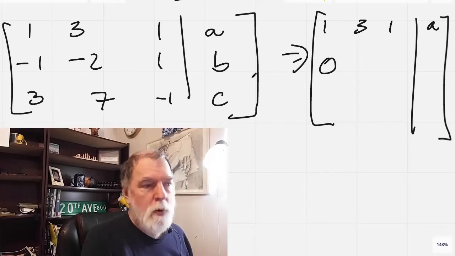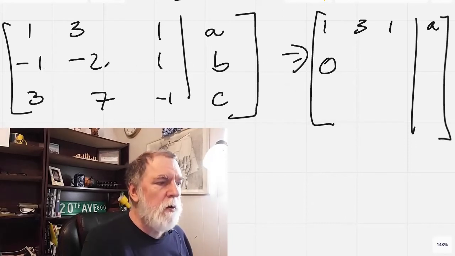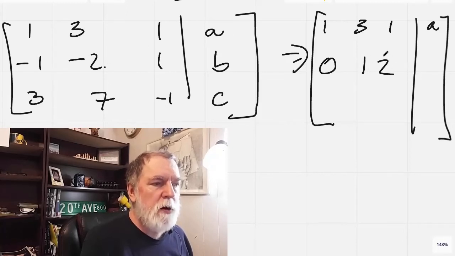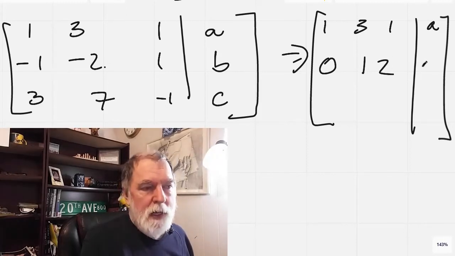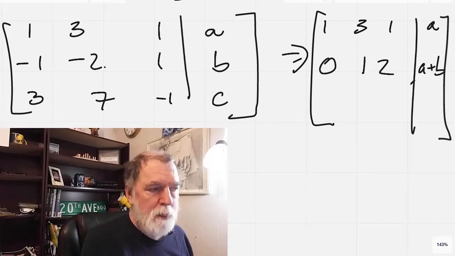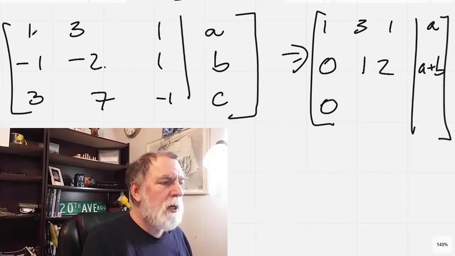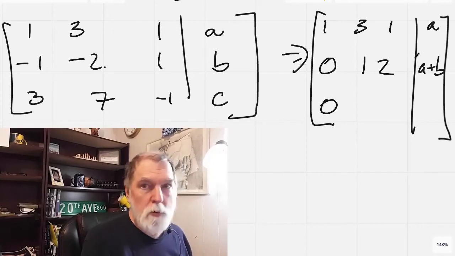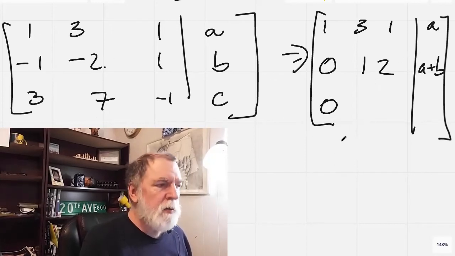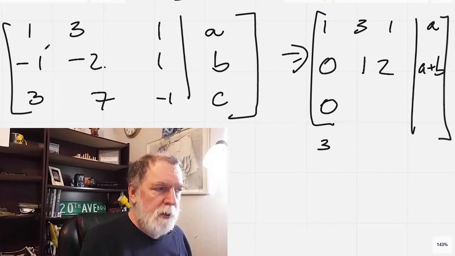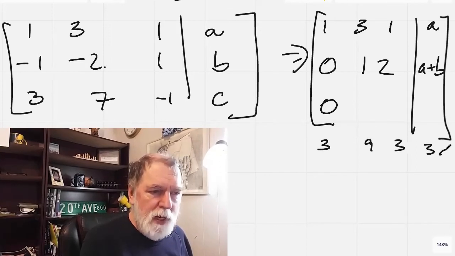Negative 1 plus 1 is 0. Negative 2 plus 3 is 1. 1 plus 1 is 2. And b plus a is a plus b. We also want a 0 here, so we're going to have to triple this top row and subtract that. So I'll make a note here, 3, 9, 3, and 3a.